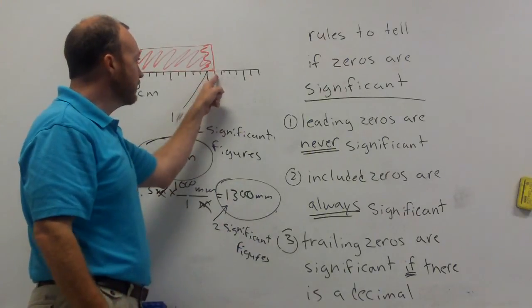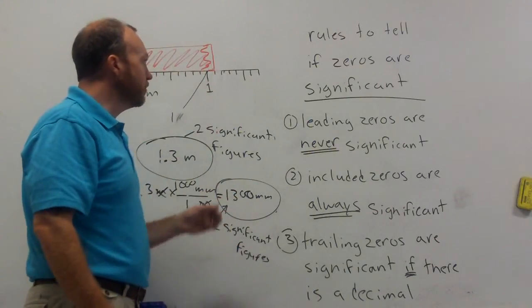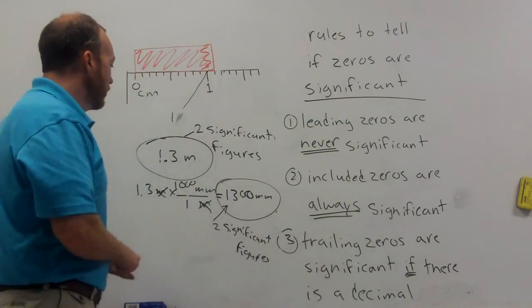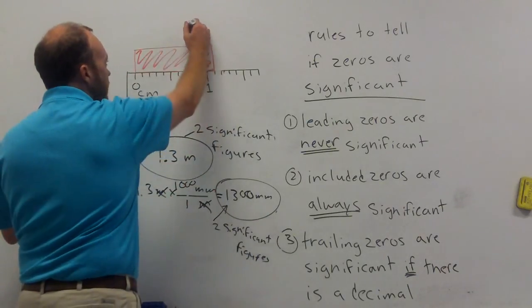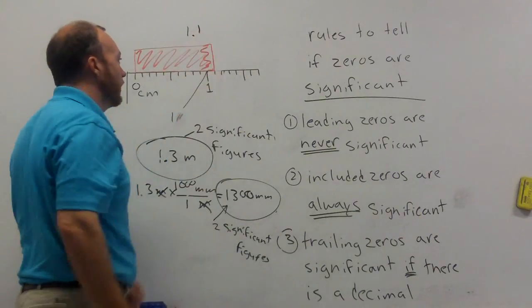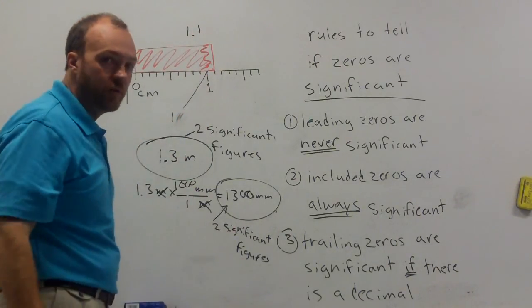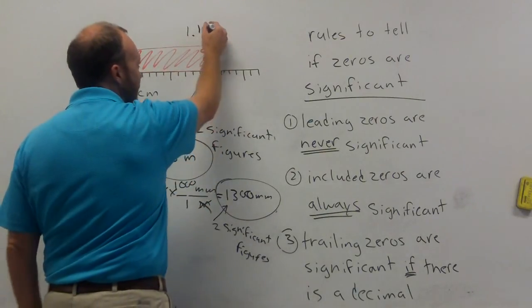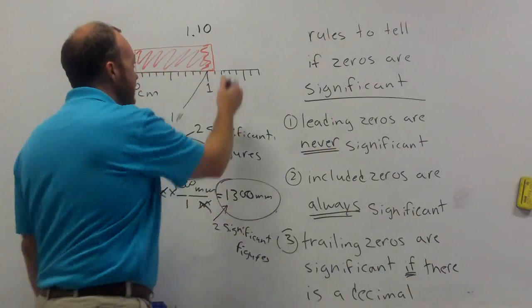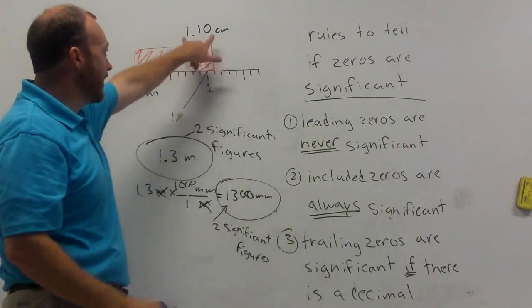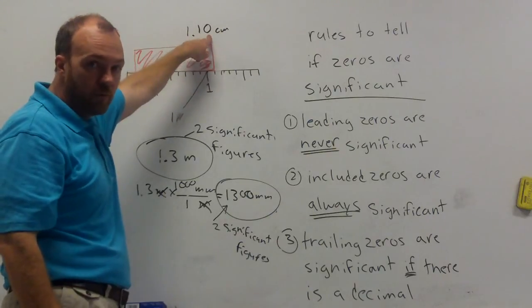We could also read the 1/10 of a centimeter exactly, which meant we could estimate to the 100th of a centimeter. Well, if we look at this measurement, we know it's 1 exactly, and it looks like it's right on 1.1. But we can estimate the 100th. But since it's right on the 100th, we want to specify that by saying that it is 1.10 centimeters.